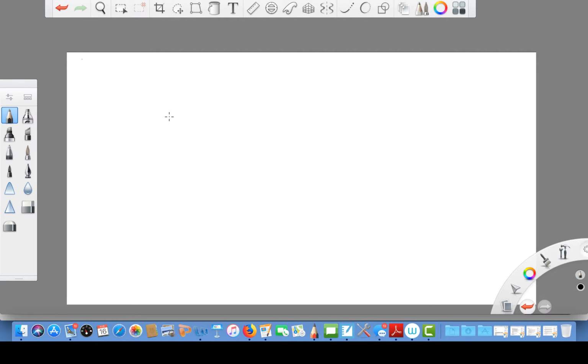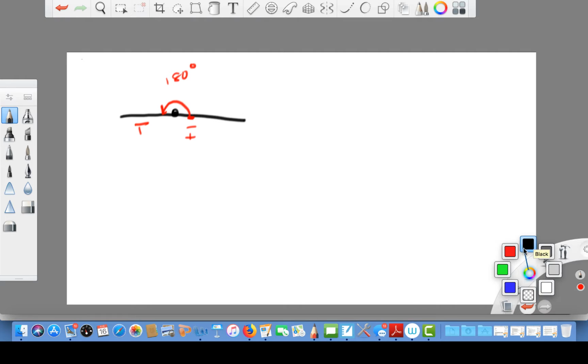But we're going to start with a straight angle. How do we measure angles? Okay, so when we measure angles, we measure them from the initial, where we start, to the terminus or terminal. This would be a 180-degree angle, okay, or a straight angle. If we want to show a right angle, that's a 90-degree angle.